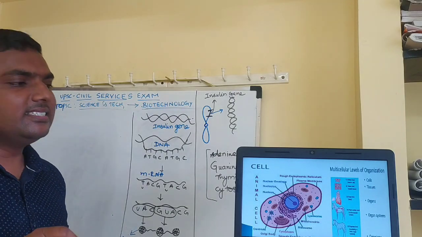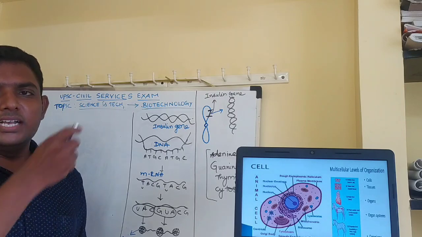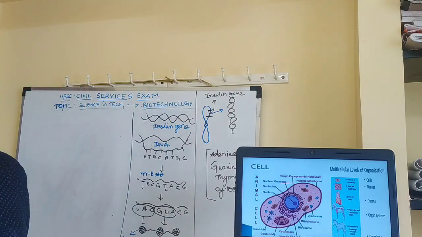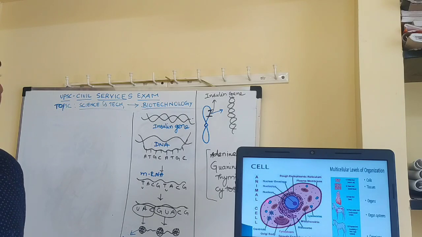Here our interest is the cell. What I have shown here is an animal cell. We'll discuss the question asked in 2020 prelims: how an animal cell is different from a plant cell. The major thing is that an animal cell has only a plasma membrane, whereas a plant cell, in addition to this, has a cell wall.